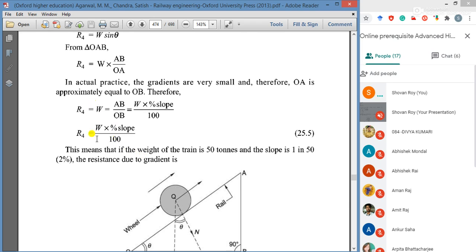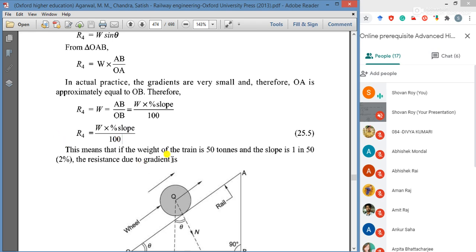That's why R4 equals W into AB by OB, equals W into percentage slope by 100. This is the actual formula of R4, or resistance due to gradient: W into percentage slope by 100.